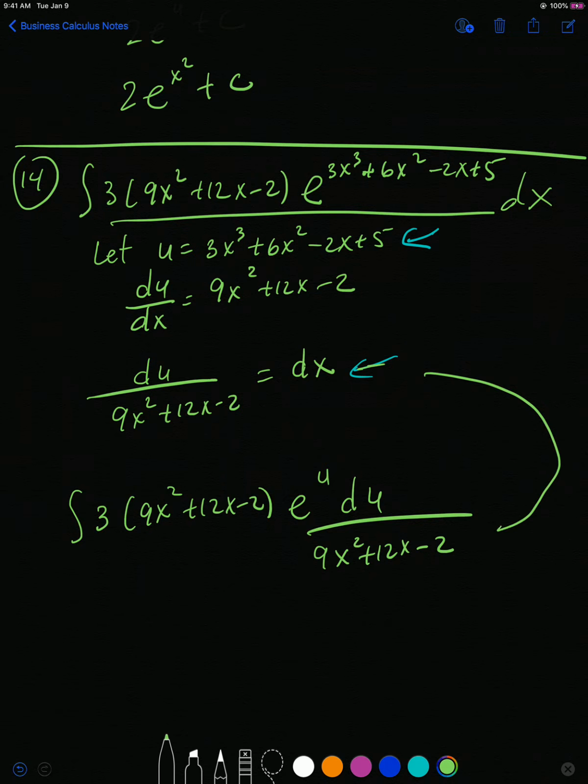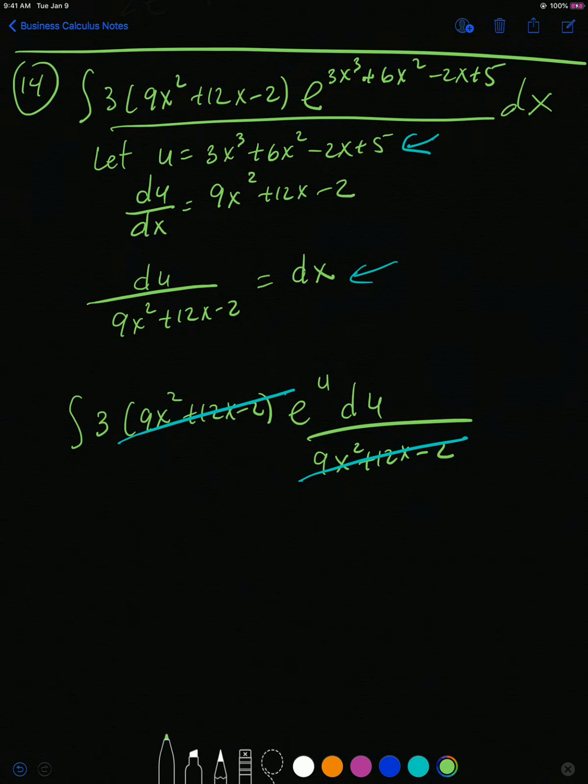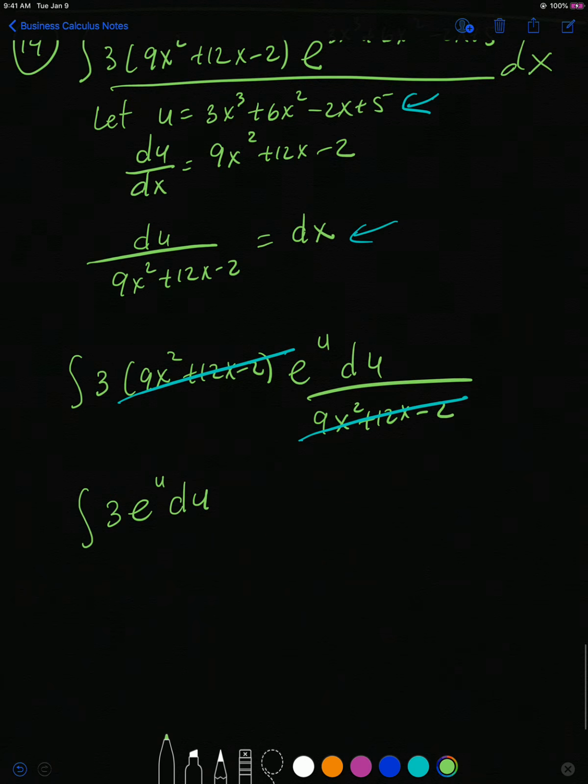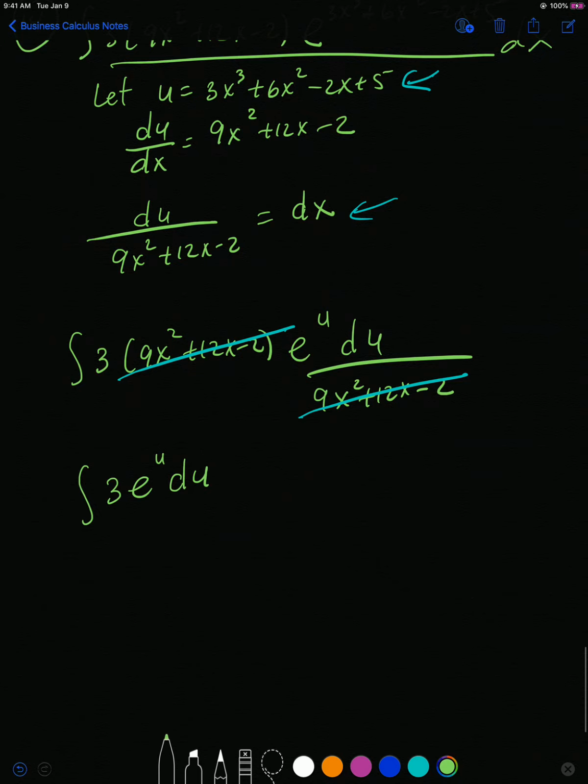This comes here, this is your u. With that being said, this denominator cancels with this term, and again, the point here is that it simplifies to a simple antiderivative. The integral of this right here is simply 3e to the u plus c.